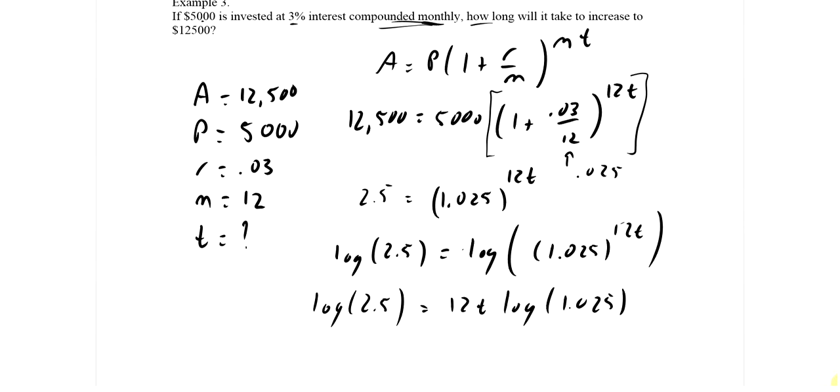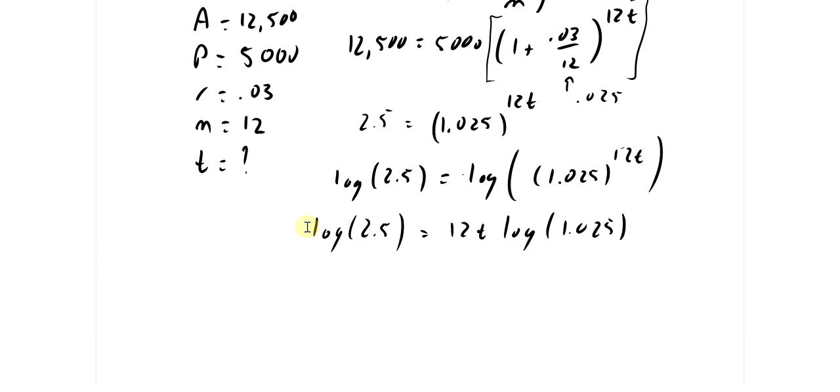Now keep in mind that this thing here is a number, whatever it happens to be. And this is a number, whatever that happens to be. You can, at this point, if you want, just calculate these things and put in the decimals. I won't. I'll just finish this off using the logs. So this is a variable t times this number times this number. So to get t by itself, we'll just divide both sides by 12 times log of 1.025.